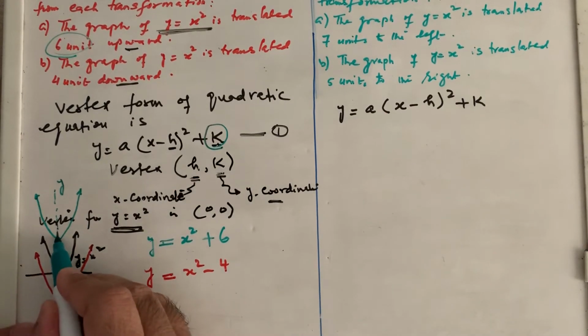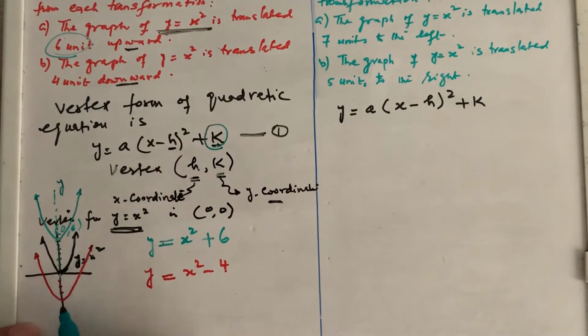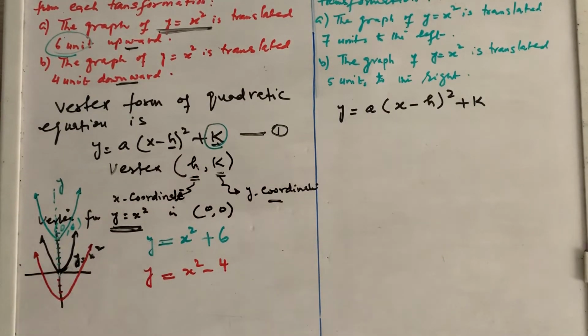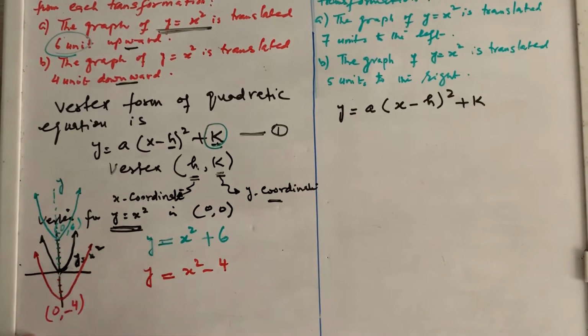What is my vertex here? 0 and 6. It's translated 6 unit upward. What is my vertex here for the red? My vertex is translated, so it is 0 and minus 4. This is my vertex in the red case. What is my vertex in the black case? My vertex in the black case, I told you, is 0, 0.